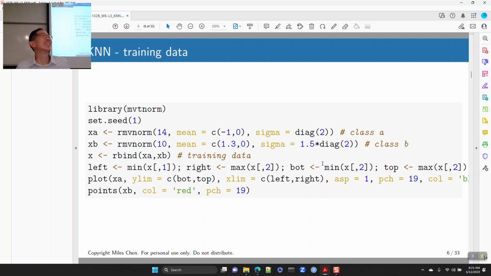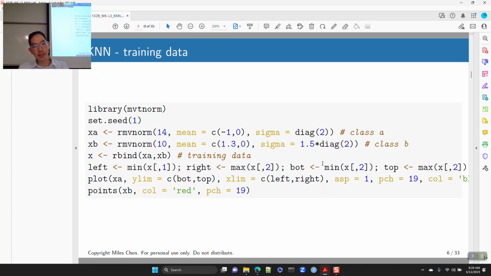To be honest, R already has a function called knn, and it does k-nearest neighbors for you. So writing your own k-nearest neighbors code is a little bit silly to do in real life, but I think it's a good exercise for homework, because you have to think about this stuff and really understand how the algorithm is working.